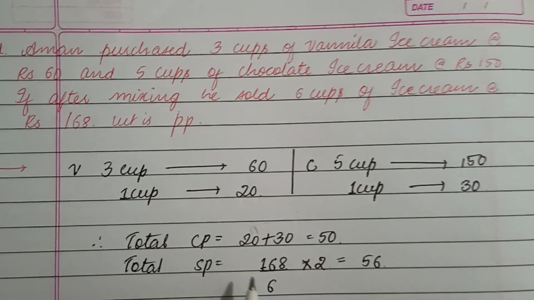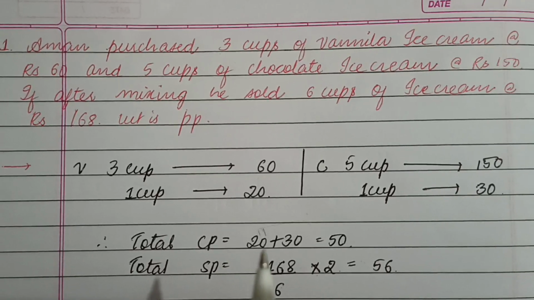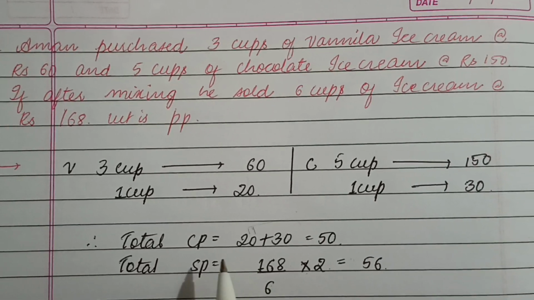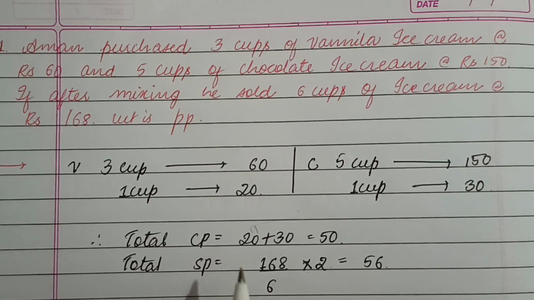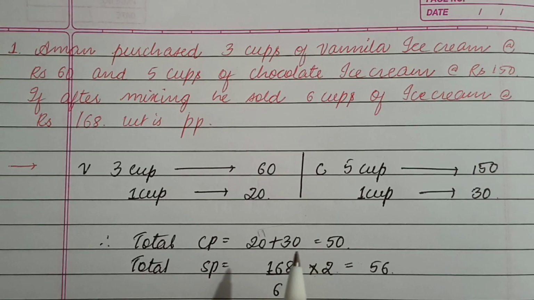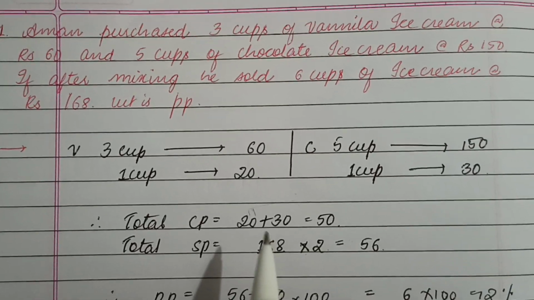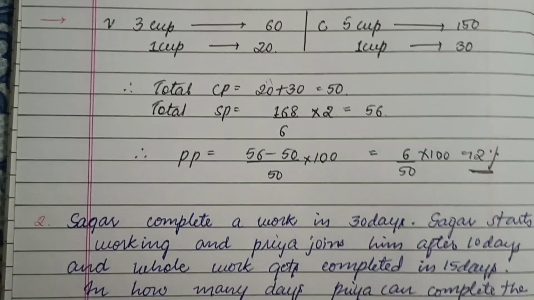But in order to understand what profit you got, you have to sell 2 pencils only. You bought those pencils for rupees 20 and you sold those 2 pencils for 40, then 20 profit will be there. Like that, here also the same concept applies. Hope you understand this concept.